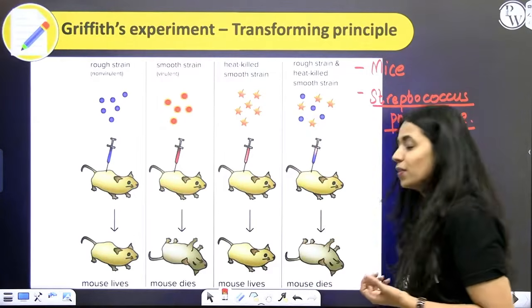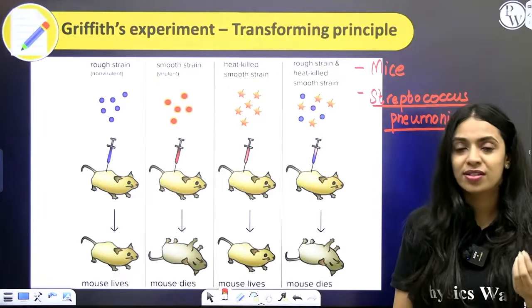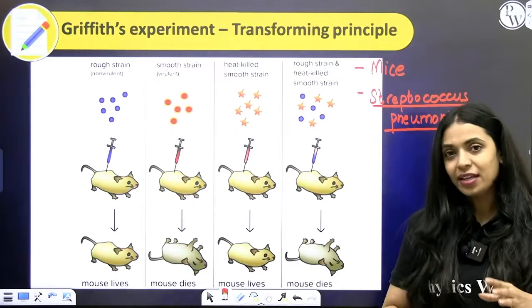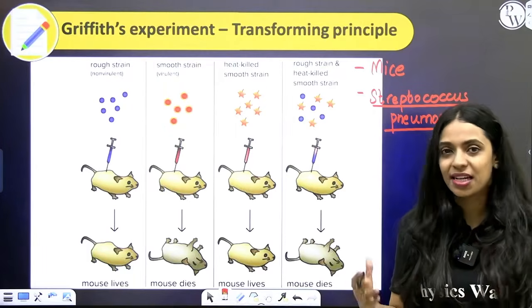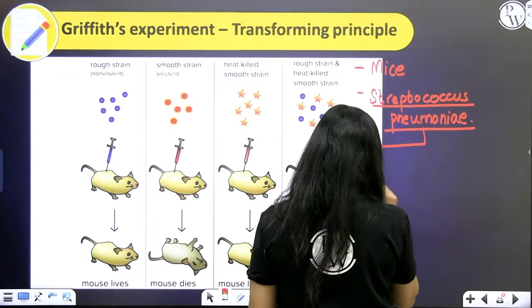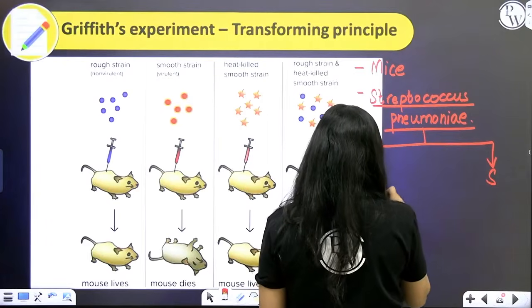This is the bacterium that caused pneumonia in mice. So he was studying these bacteria. And he knew that this bacteria existed in two strains. One he called the rough strain or the R strain. The other one was called the smooth strain or the S strain.